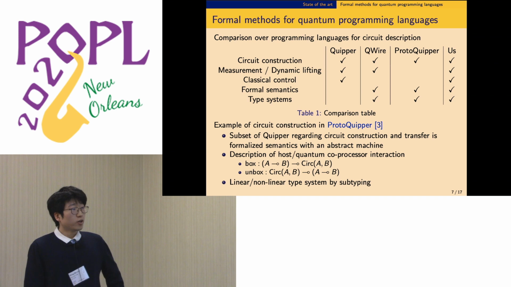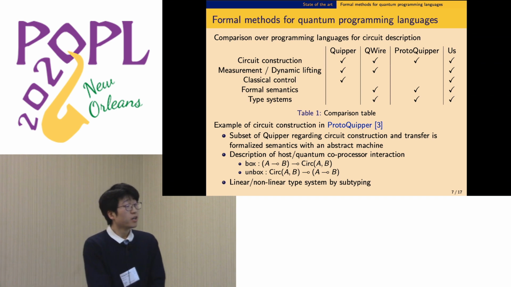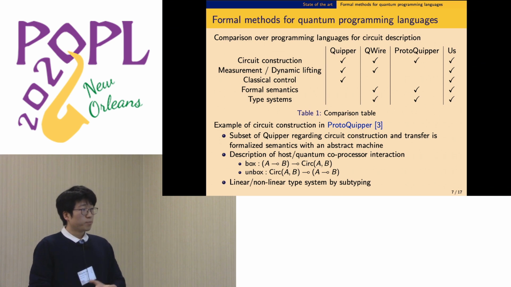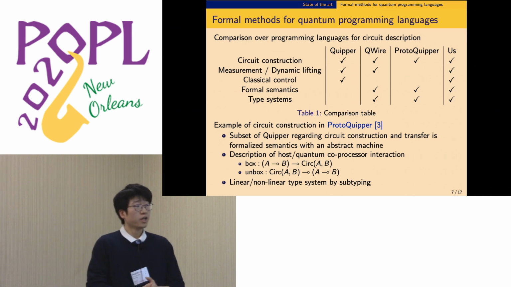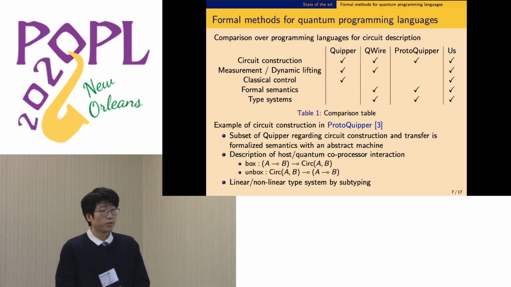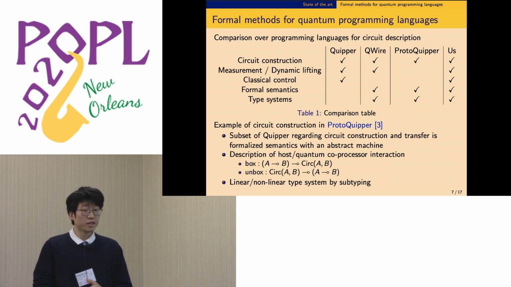And I want to talk a bit more about Proto-Quipper because our work is highly based on it. It's a subset of Quipper regarding circuit construction, with a formal semantics based on operational semantics. And it describes the interaction between host and quantum coprocessor by using two circuit operators called box and unbox.